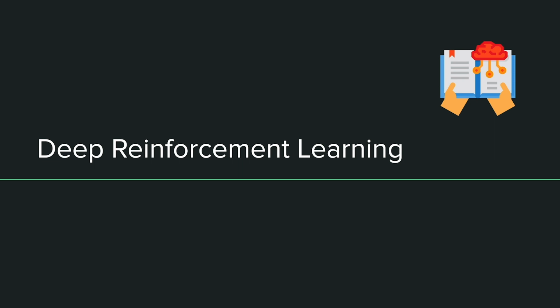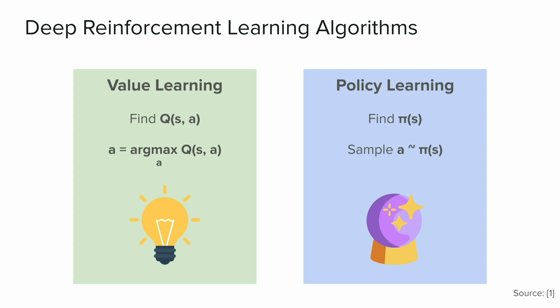Let's talk about deep reinforcement learning. What we've seen so far was mostly the overall and basic ideas about reinforcement learning, so let's see how deep learning made a twist in this. Deep reinforcement learning algorithms are typically divided into two broad categories. One would be value learning, where we're trying to learn exactly this Q function that I've just been talking about. Given a Q function, we can take the policy we've just described, taking the argmax over A, the action that gives us the highest reward in each state, and apply that.